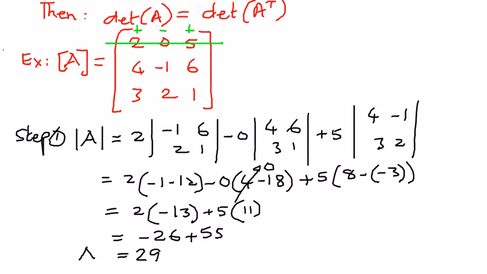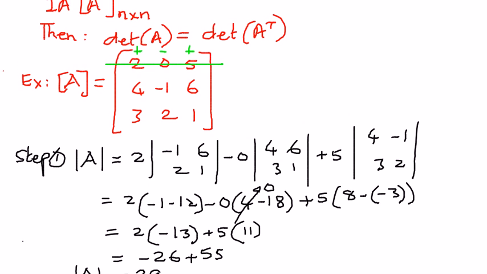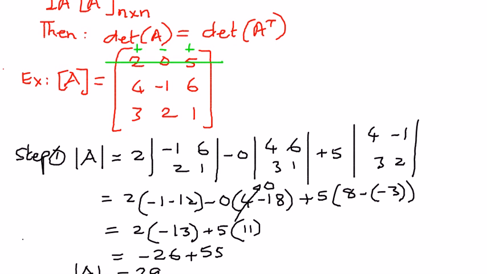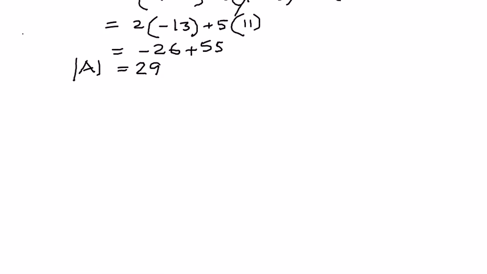So the determinant of A is 29, and what we need to prove now is that the determinant of A is the same as the determinant of the transpose of that matrix. So in this next step, step 2, we're going to find the transpose of the given matrix.